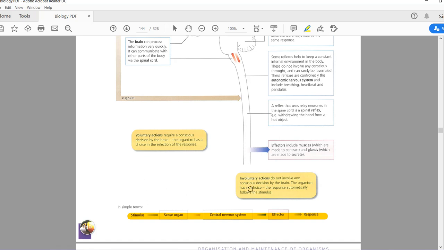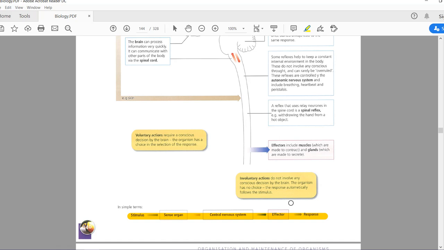But involuntary actions do not involve any conscious decision by the brain. It means it just happens by itself, automatically. You are not deciding how it will happen or when it will happen.